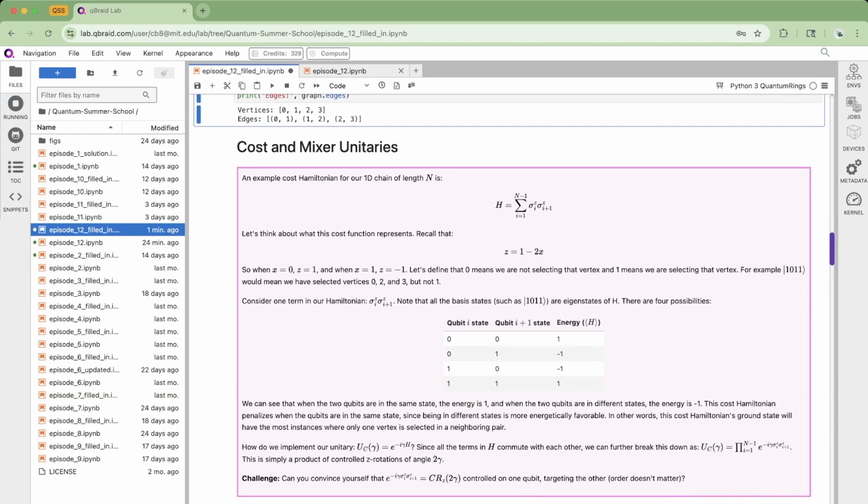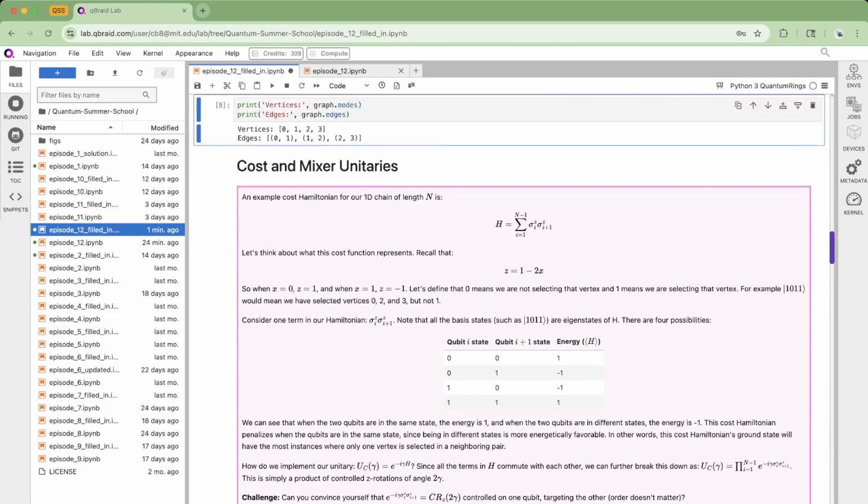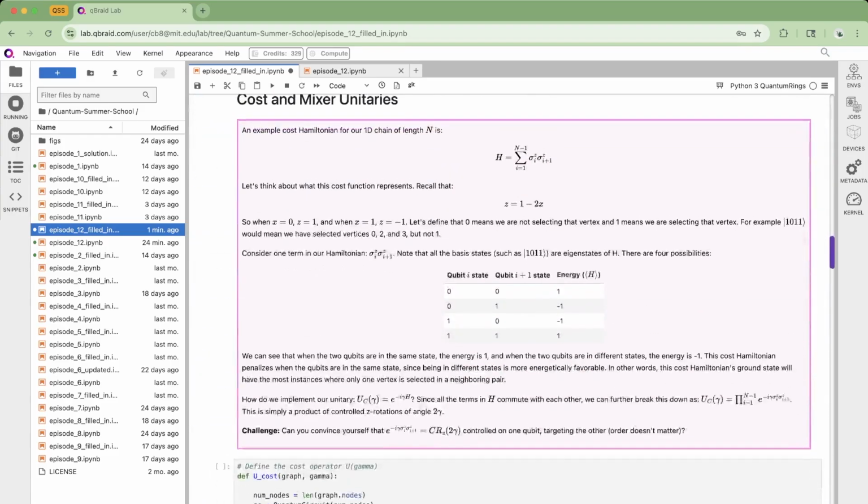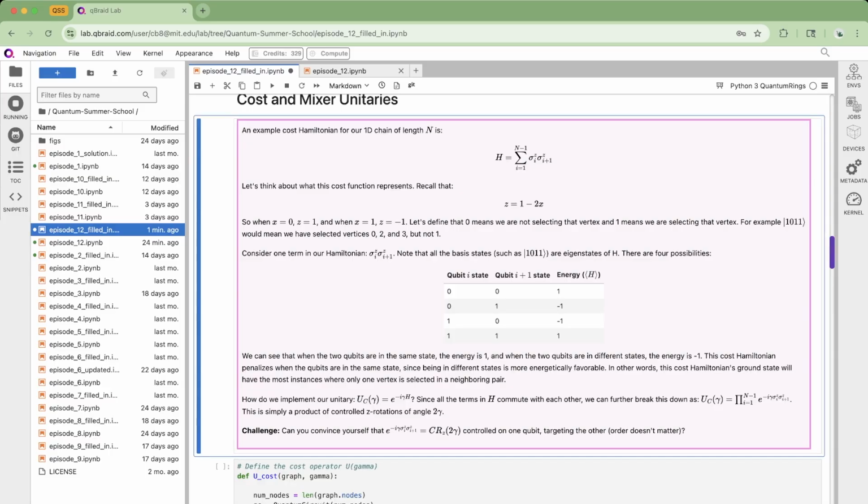So let's do an example cost Hamiltonian. And this is just going to be for a 1D chain of length n, like this. So the cost Hamiltonian is going to be just a ZZ between nearest neighbors. And so let's think about what this cost function represents. Z is going to be the expectation value of sigma Z. So that can either be plus or minus 1. Those are the possible measurement outcomes of sigma Z, plus or minus 1.